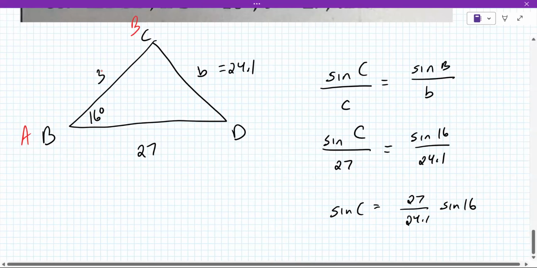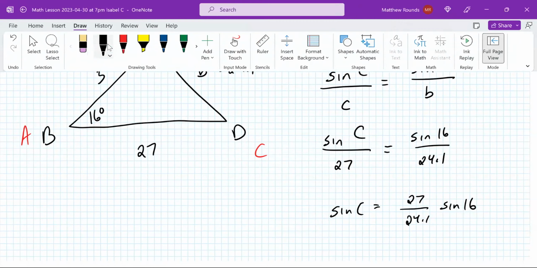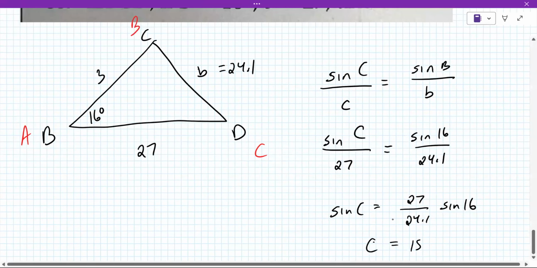A, B, C. Little c is 3. Side B is 27. And the angle across from there is 16. Huh. All right, well, the numbers are lining up, so let's go with this here. C equals 18 degrees.